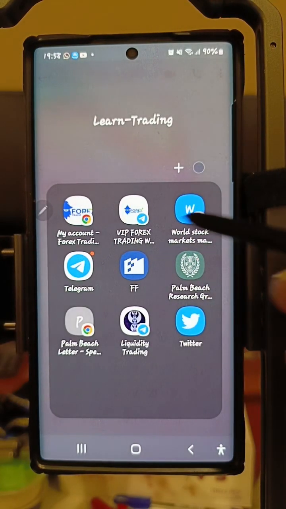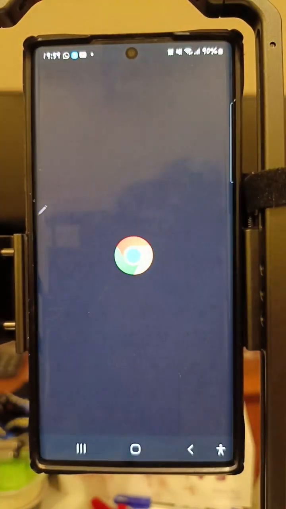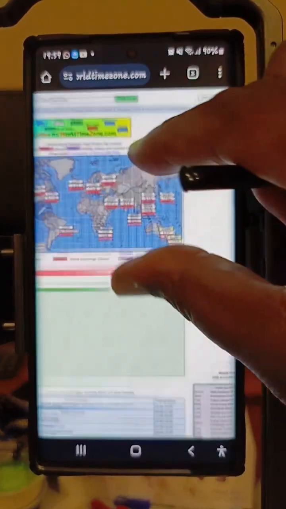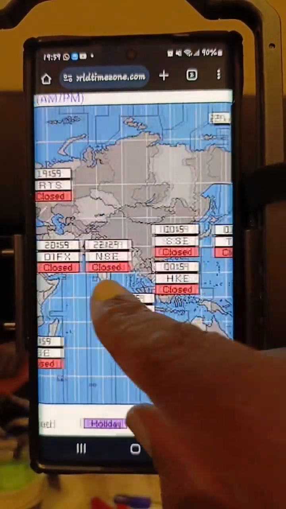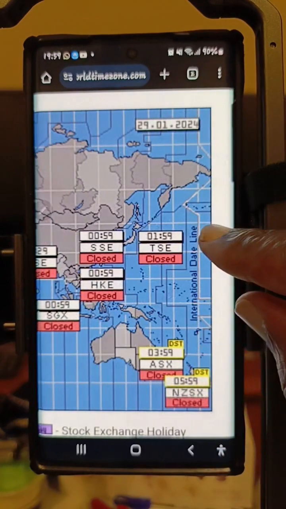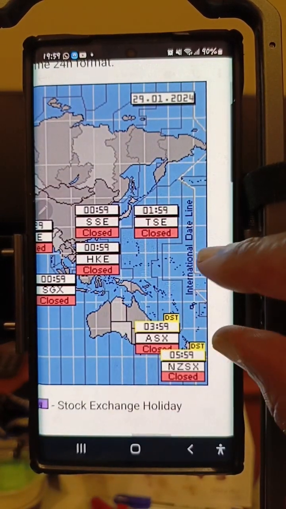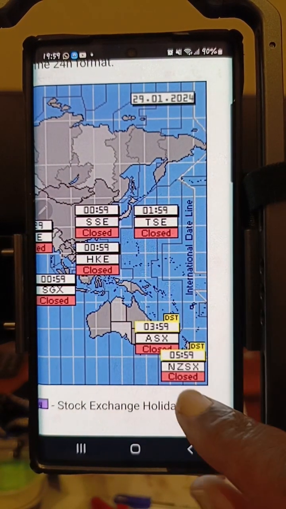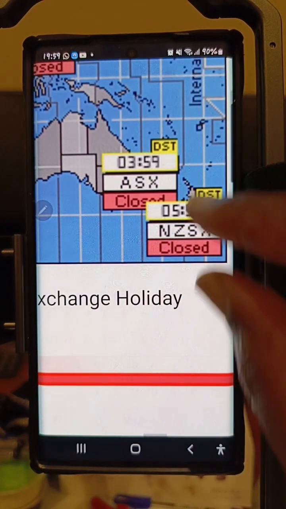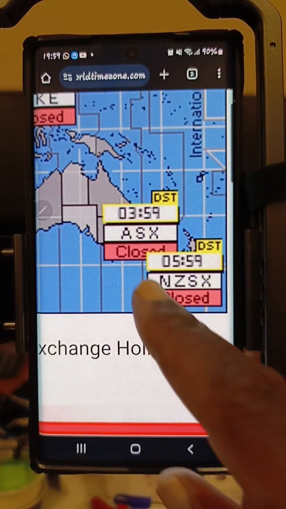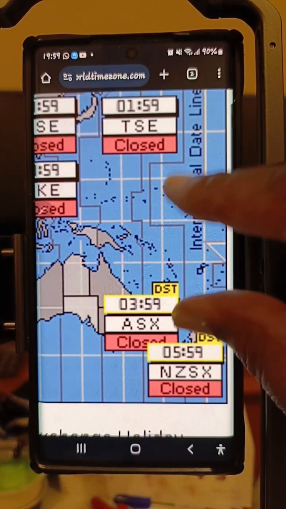So this is what I use for my timings. Depending on your timeline, this is where I look at the market.